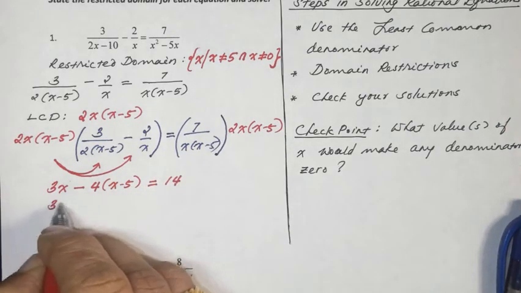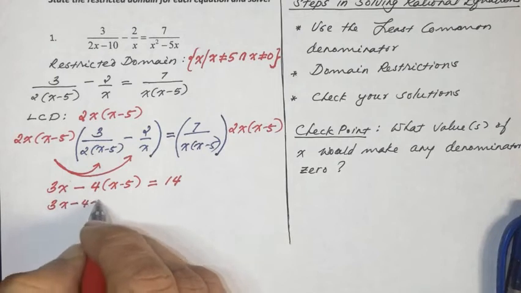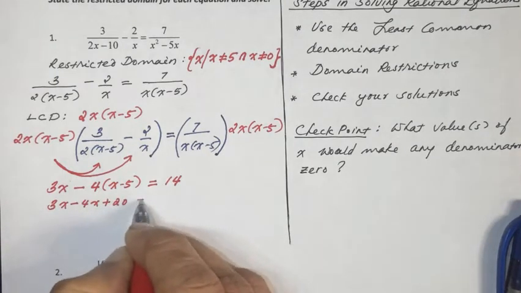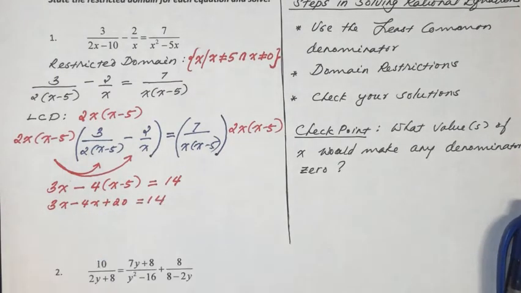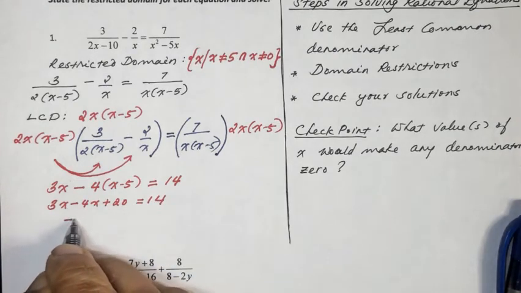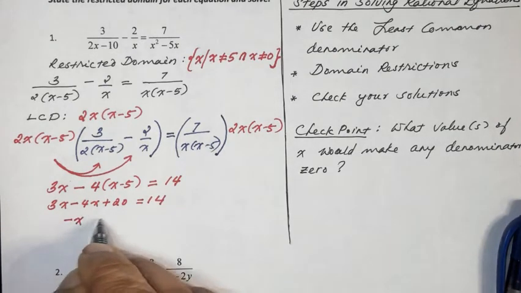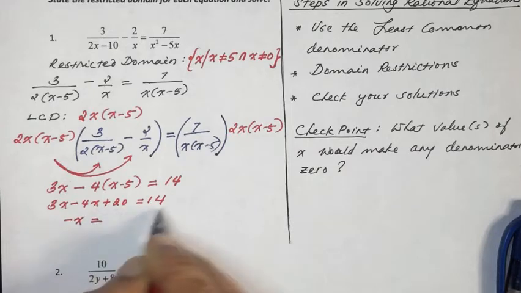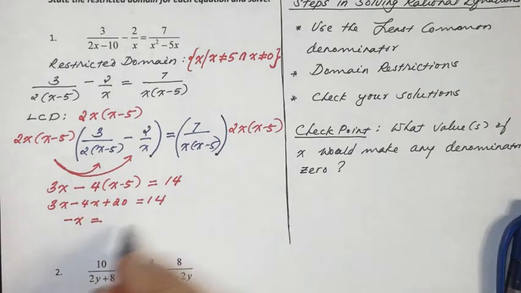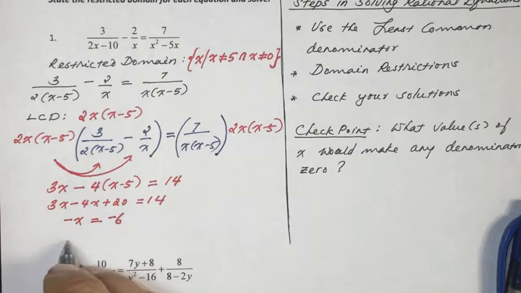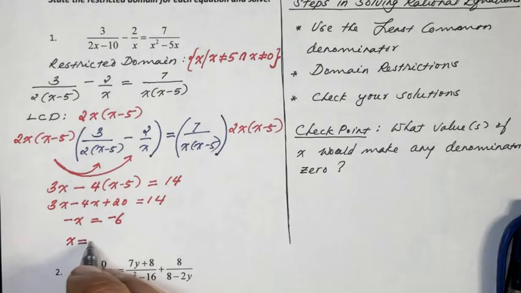So 3x minus 4x plus 20 is equal to 14, and that is negative x is equal to 14 minus 20, which is negative 6, so x is equal to 6 is going to be the solution.